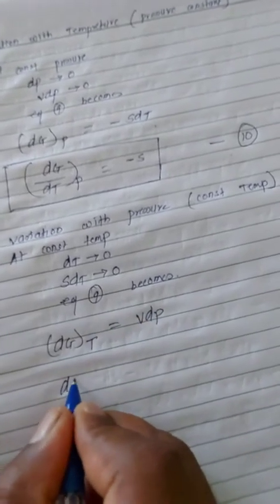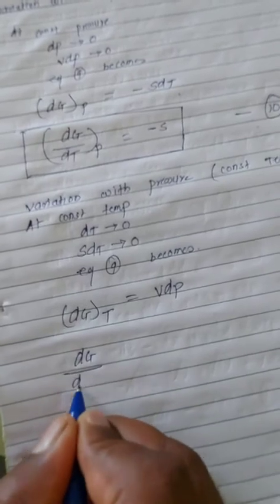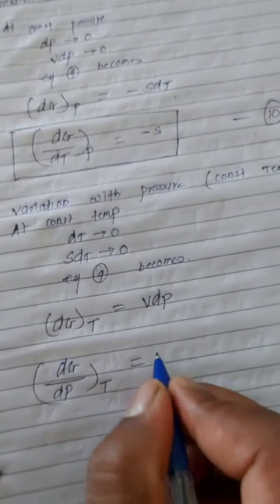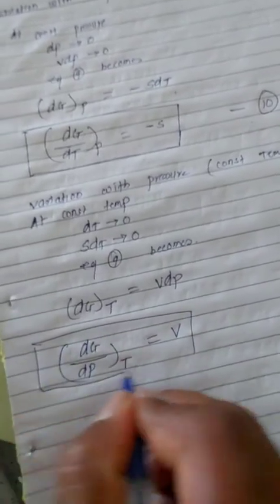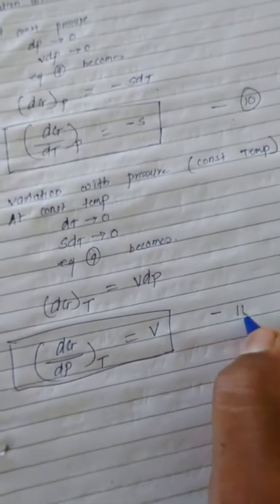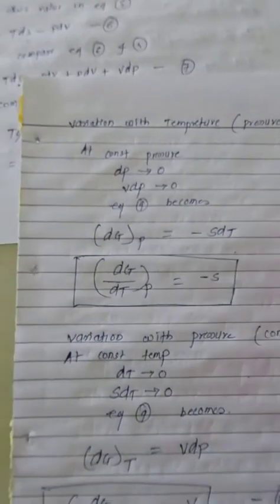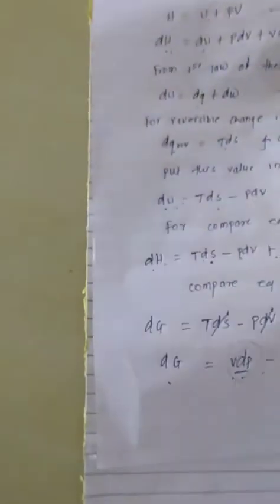It can also be written as dG divided by dP at constant temperature is equal to V. This is equation number 11, and this is the variation of Gibbs free energy with temperature and pressure.